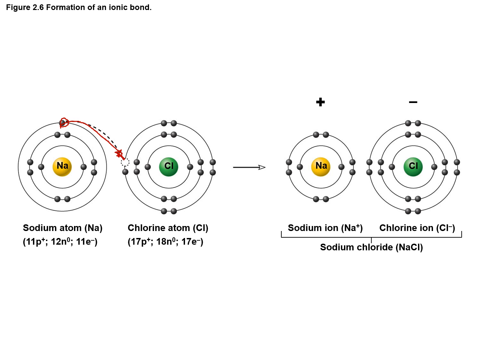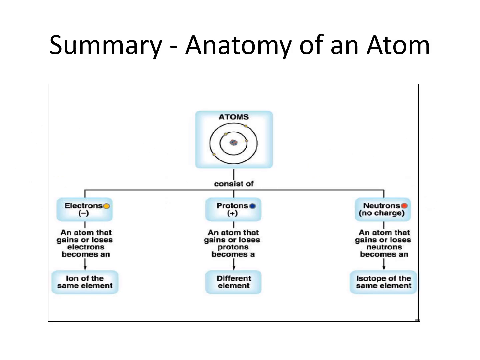Once this happens, the chlorine atom is going to be negative and the sodium is going to be positive. But if you look at both the sodium and the chloride, each of these has 8 electrons in its outermost shell. So even though the charge has changed, they are still going to be happy due to the octet rule of having those 8 electrons in the outermost shell.